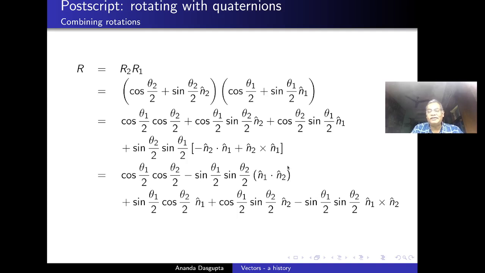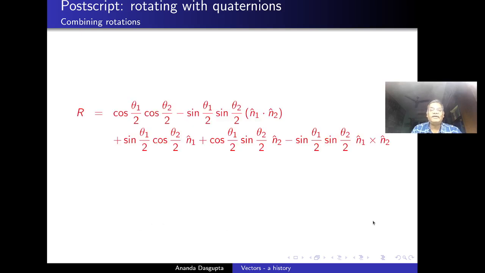This upper line here is a purely real part. The lower line here is a vector. So, the effect of multiplying two rotations through angles theta 1 and theta 2 respectively about axis n1 and n2 respectively is given by this single rotor.